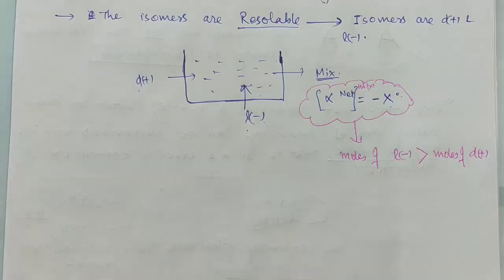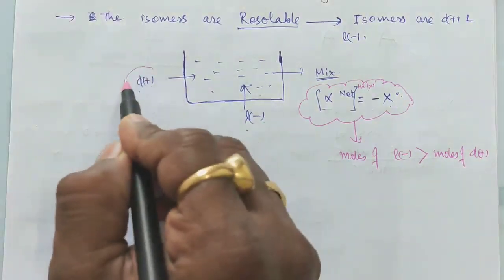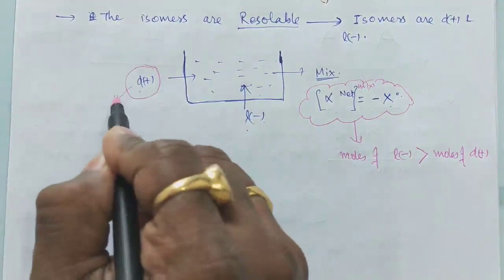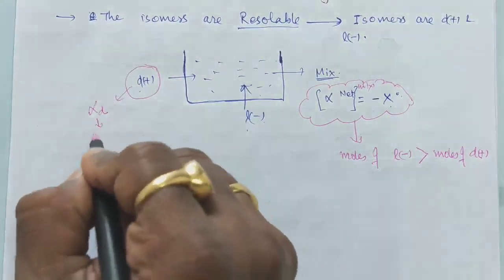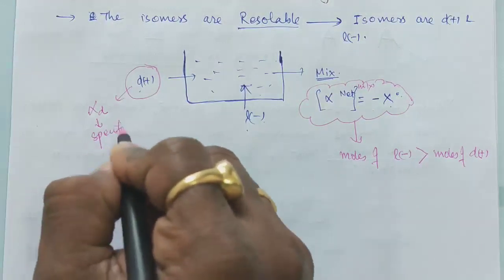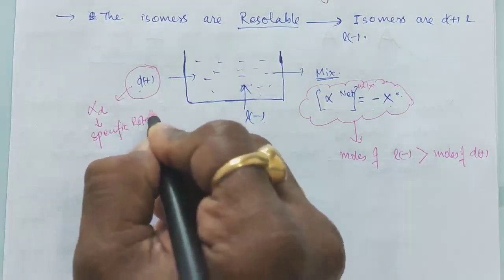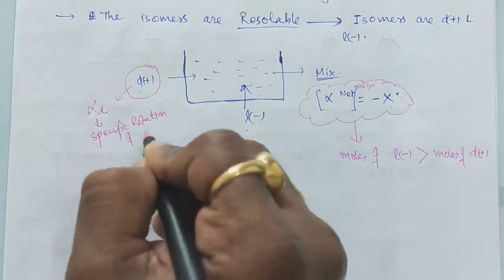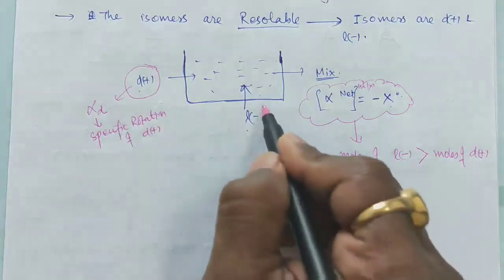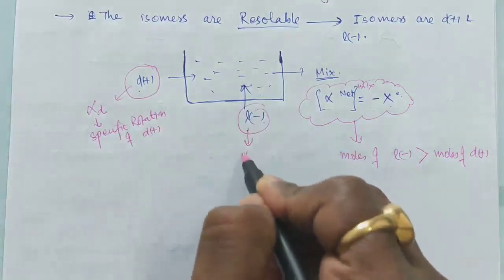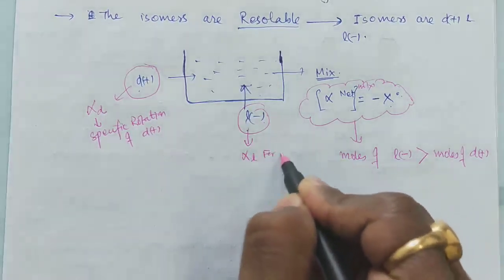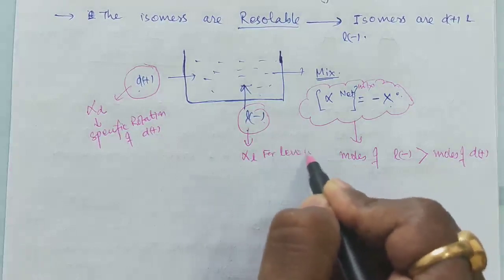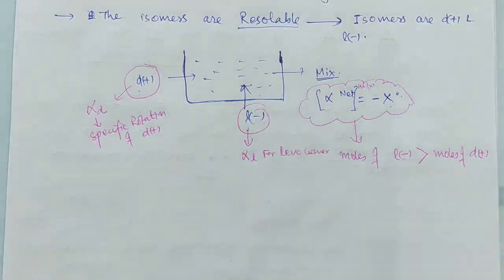So we can simply devise a formula for this. Let the specific rotation for this D isomer, the D plus, be alpha D, and for the levoisomer alpha L, right?